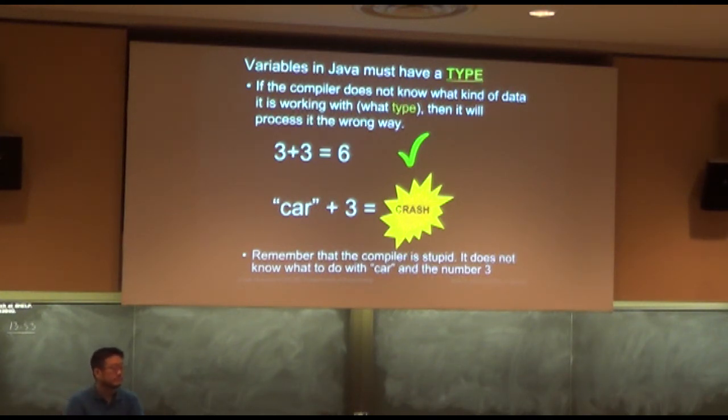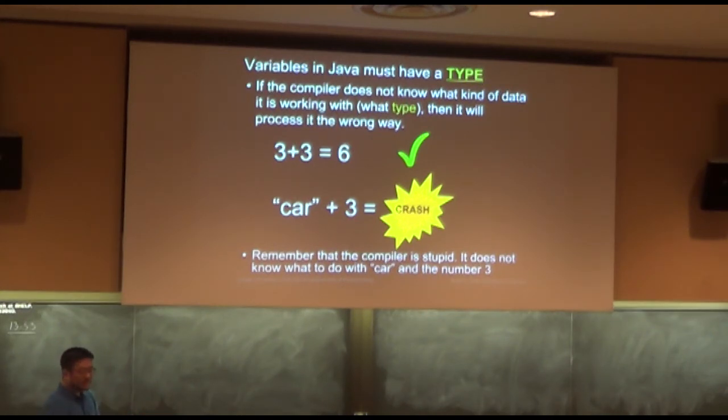Great. So to get car to be like a variable, so you could add to three, how would you make it a variable? So there's a variable type called a string that holds literally lists of characters. So I could store car into a string variable.